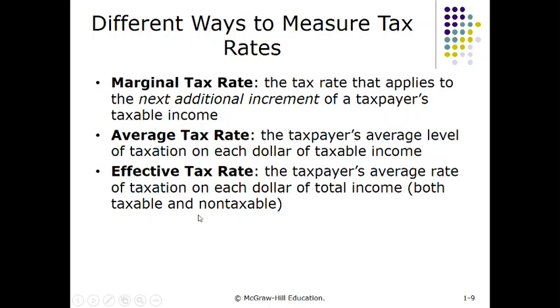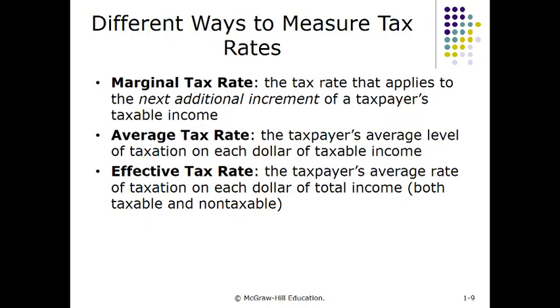Average tax rate, you simply take the amount of total tax you paid and divide it into the denominator, which is taxable income. Now, you don't know it yet, but not all income that you receive is taxable. You'll find that some income is not taxed now.